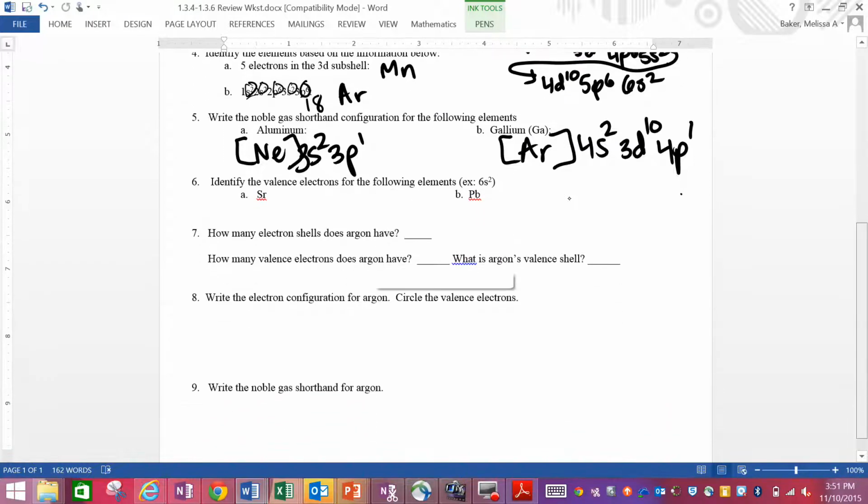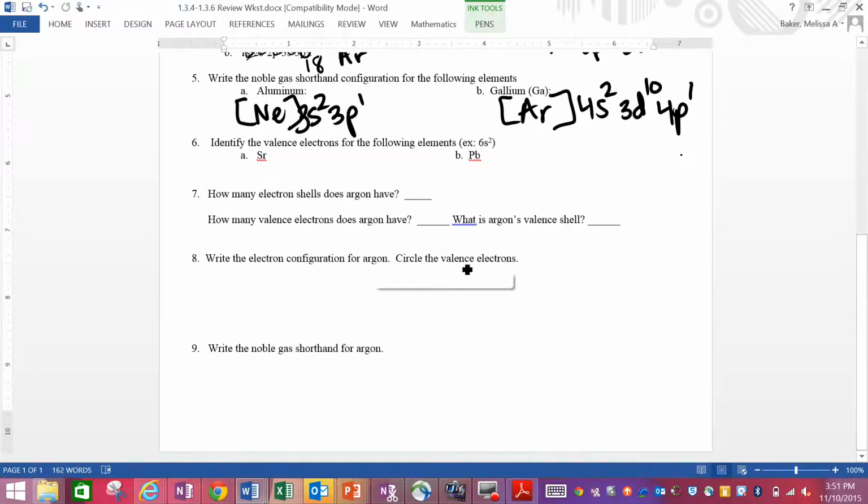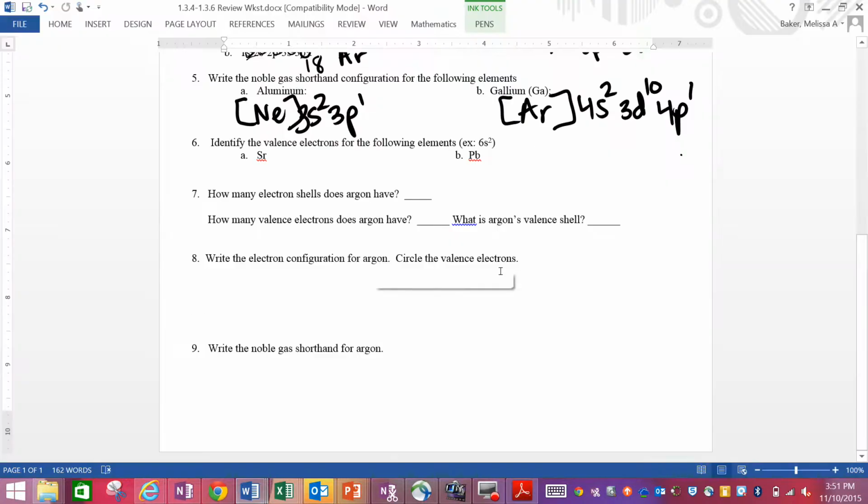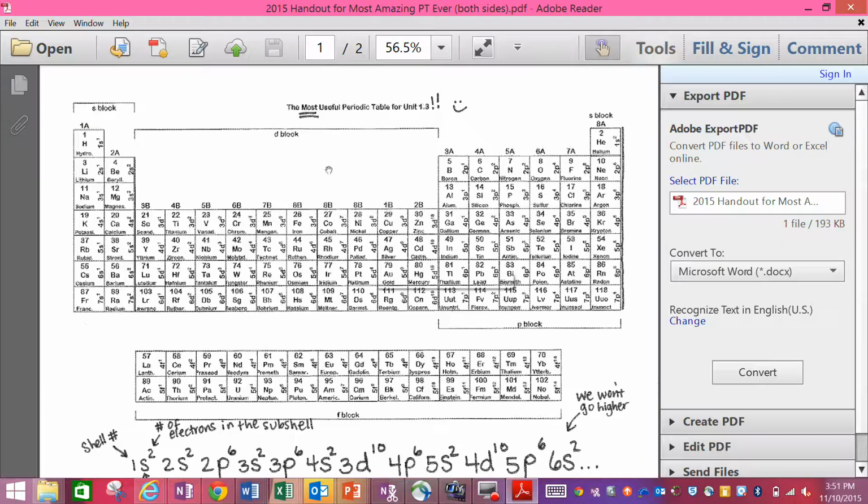Identify the valence electrons in the following elements. Okay, well, let's figure out strontium first. So if you wrote out the whole configuration for strontium, it would end in 5s2. So those are the outermost shell because 5 is the biggest number out front. It's got 2 valence electrons. But lead is a little trickier. Let's look at lead.